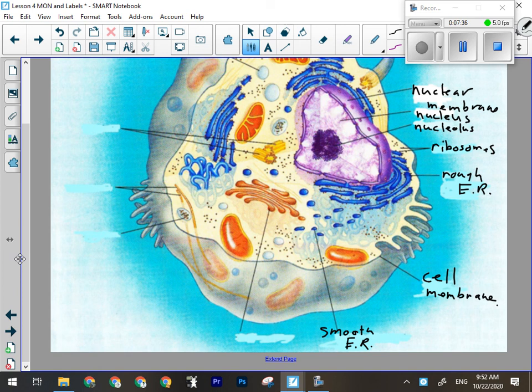Next thing over is the Golgi apparatus. The Golgi apparatus is responsible for the excretion of wastes and the exporting of things like hormones.